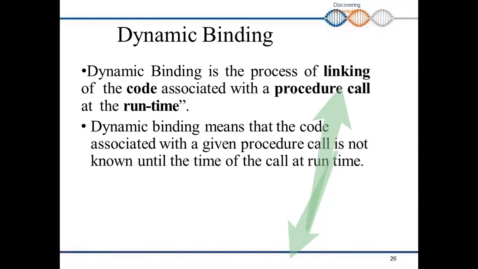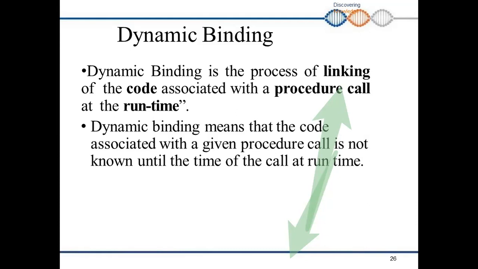So our next topic is dynamic binding. Dynamic binding is the process of linking the code associated with a procedure call at runtime. Basically, there are two types of binding: static binding and dynamic binding. In object oriented programming, we discuss dynamic binding.